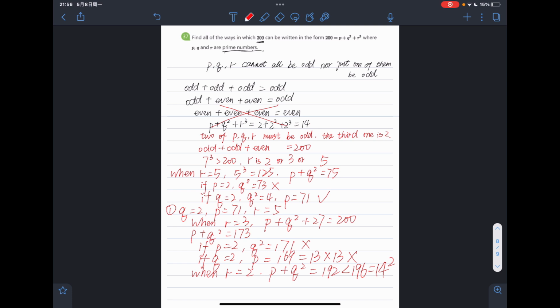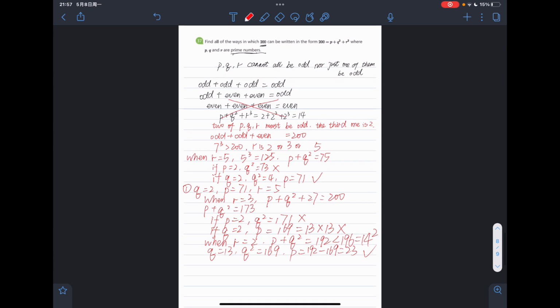So firstly, we can work down from q is 13. Then q squared is 169. Then p is the difference of 192 minus 169, which is 23, which is a prime number. Okay, so let's do further work on it.